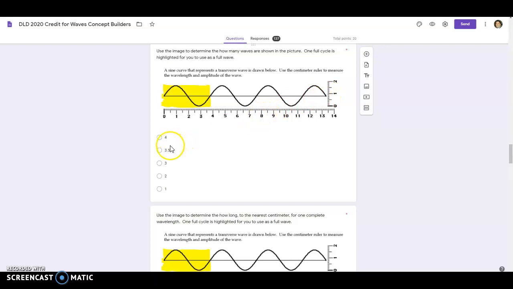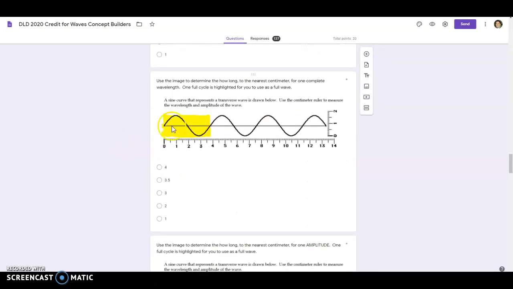So this is 3.5 waves. How long to the nearest centimeter? That's really looking where this highlight stops and the closest number to it. That's 4 centimeters long. The closest wavelength, one complete wavelength, is 4 centimeters.